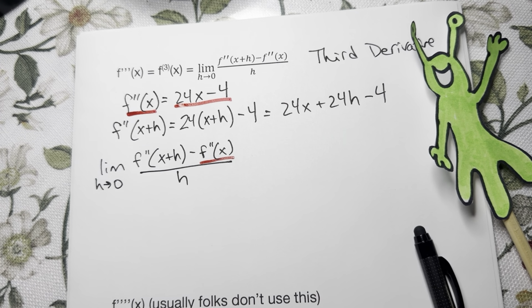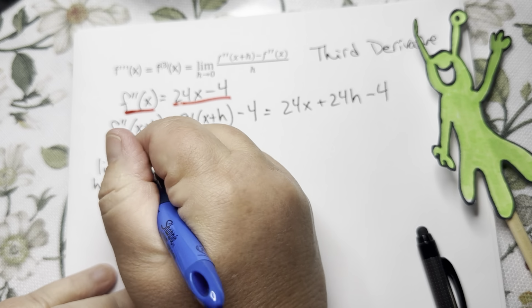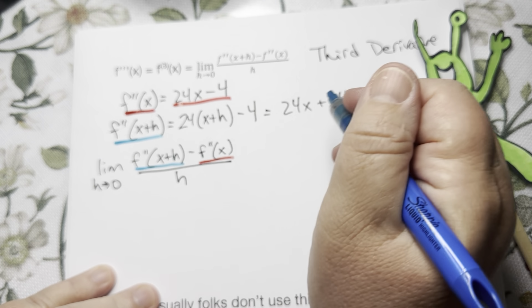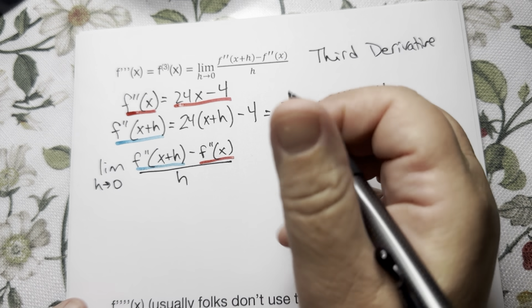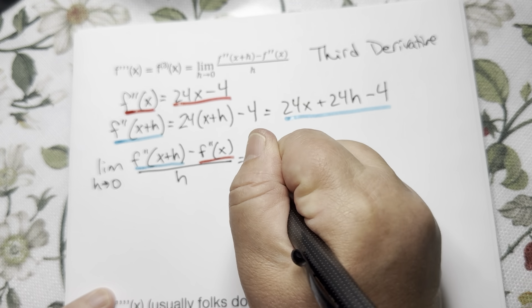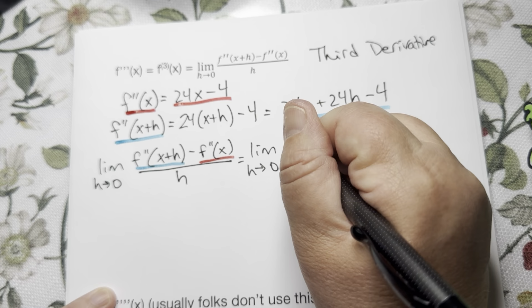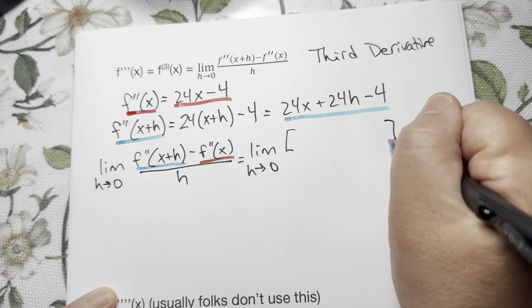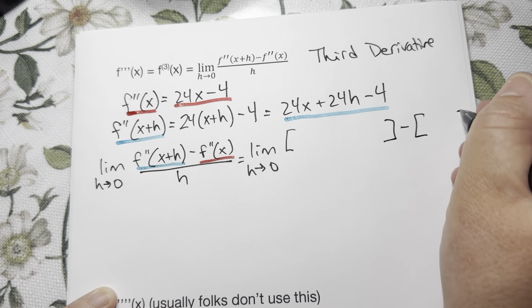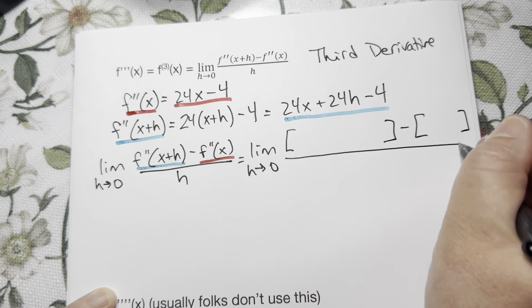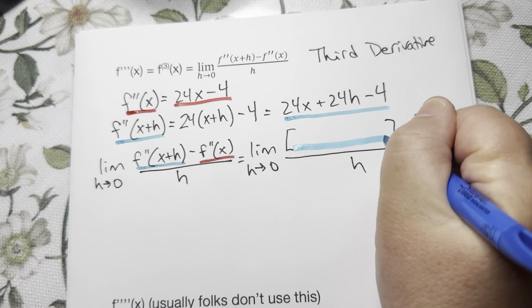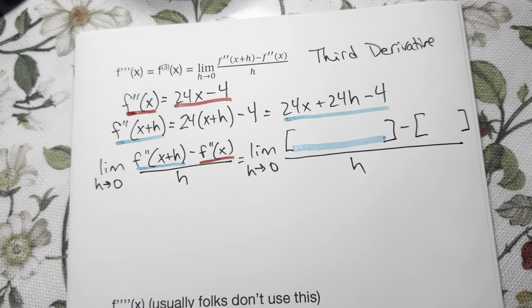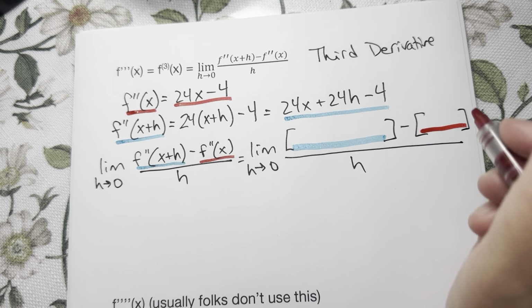And this is going to be our fancy version right there. And this is going to be the limit as h approaches 0 of the fancy long one minus the quick short one.